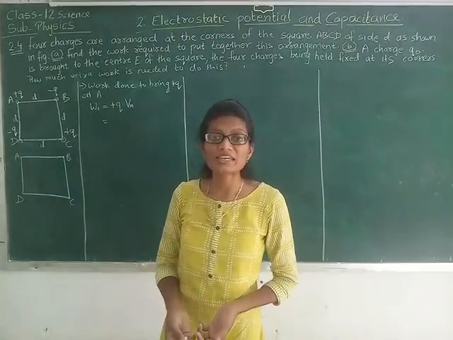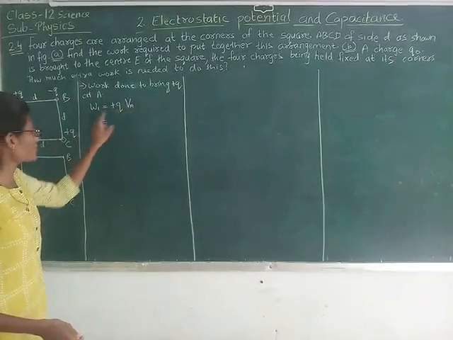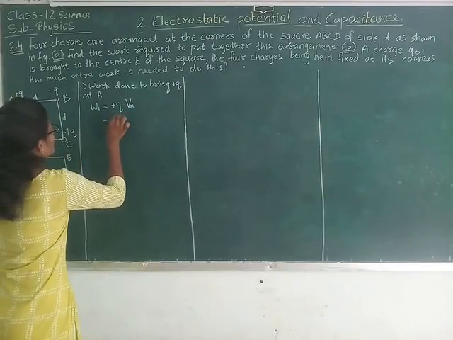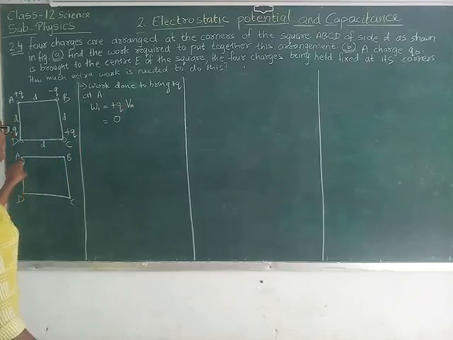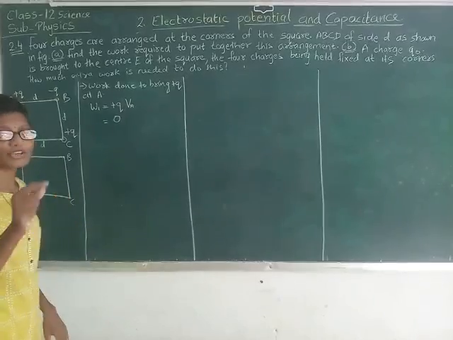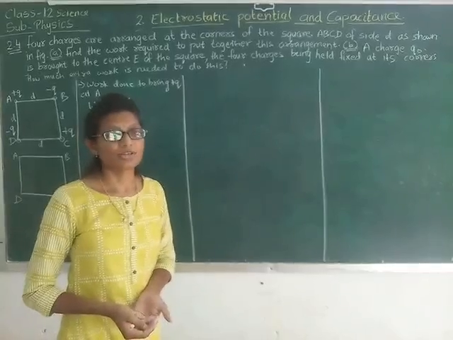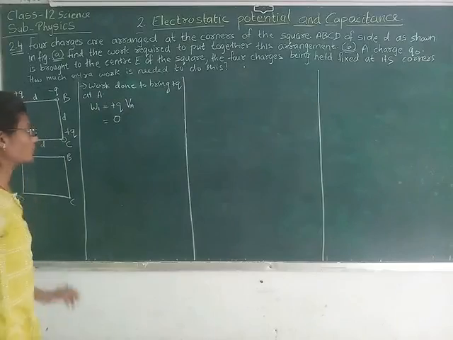So there will not be any electric field. So the potential at point A will be 0. So here the work done will be 0, because potential at point A due to some charge should be KQ upon R, right? But here we are not having any charge, right? So potential will be 0 and thus work done will be 0.